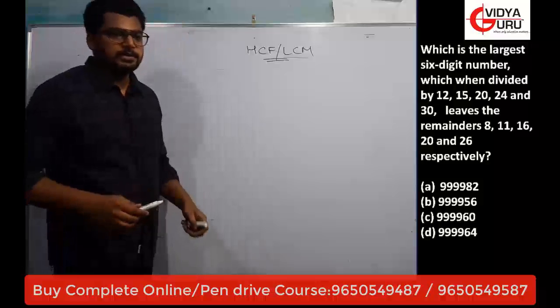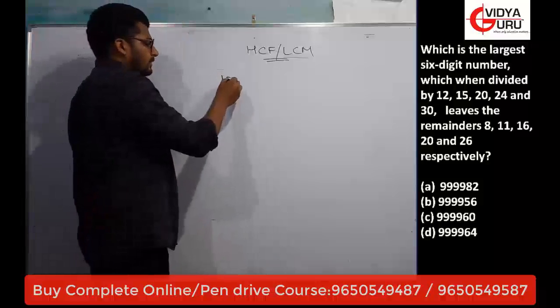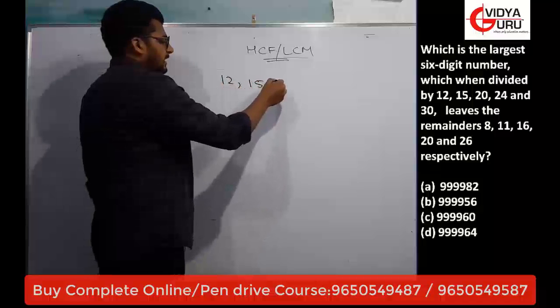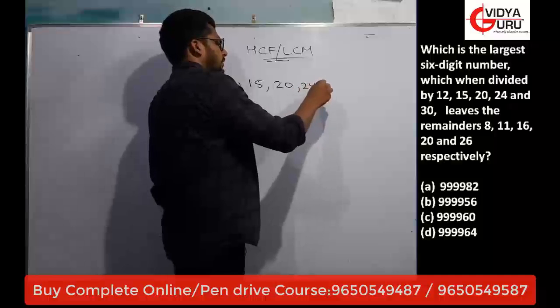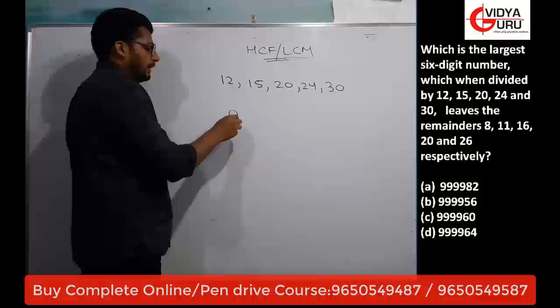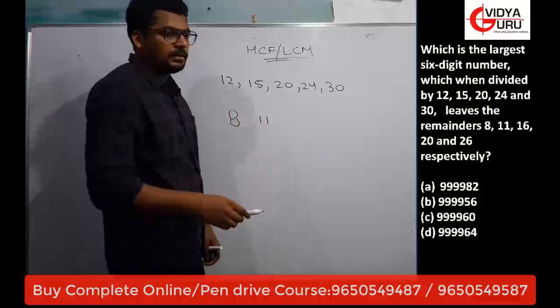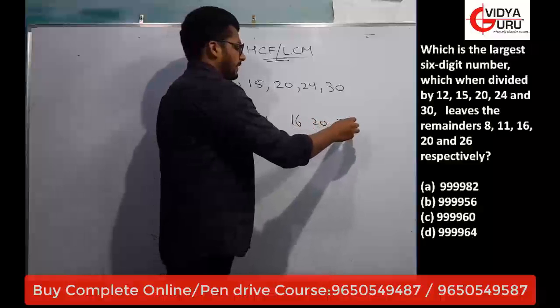What is the next question saying? Find the largest 6 digit number which when divided by 12, 15, 20, 24, 30 leaves remainders 8, 11, 16, 20, 26.